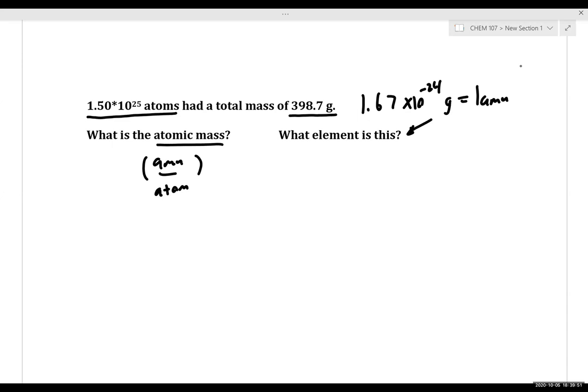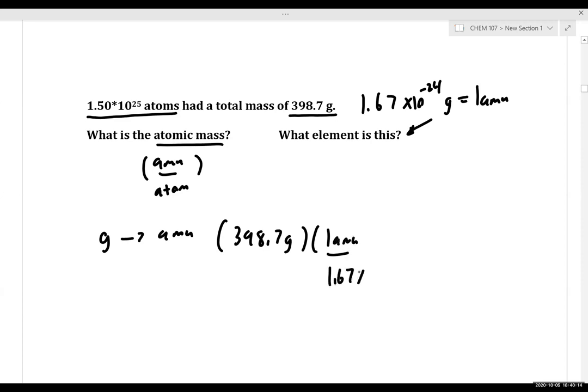Okay, so let's discuss. So first thing we need to do, if we want to calculate the atomic mass in the form AMU per atom, we first need to convert our mass in grams to AMU. So we have 398.7 grams, and we know that in 1 AMU, there are 1.67 times 10 to the negative 24th grams.